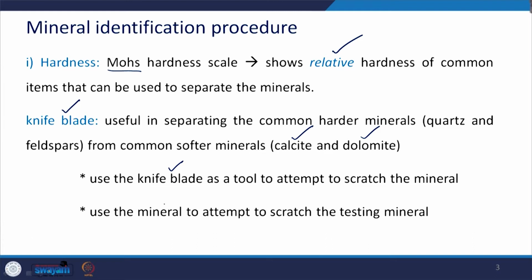Similarly, we can use the mineral itself in an attempt to scratch the other mineral which we want to test. If one mineral is harder as compared to the other mineral, the harder mineral will scratch the softer mineral. That's how we will be able to get the relative hardness of the two minerals.